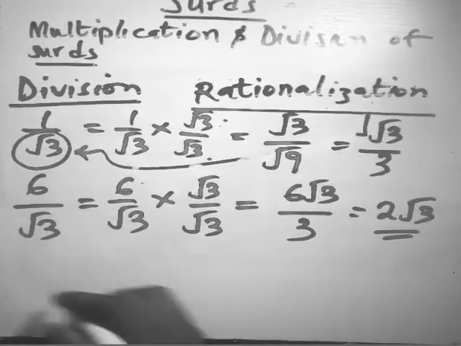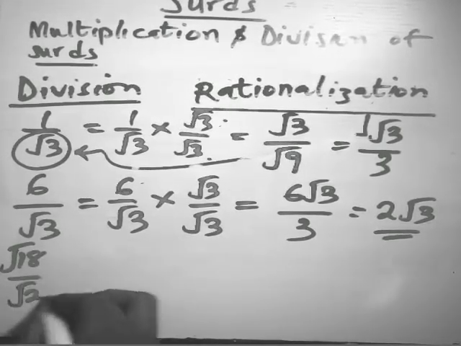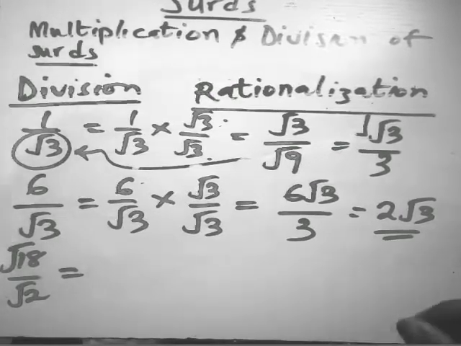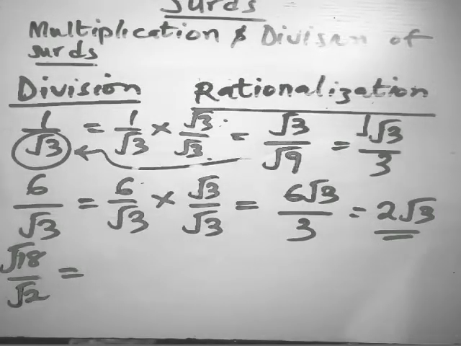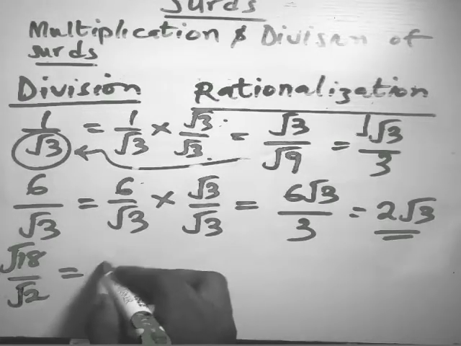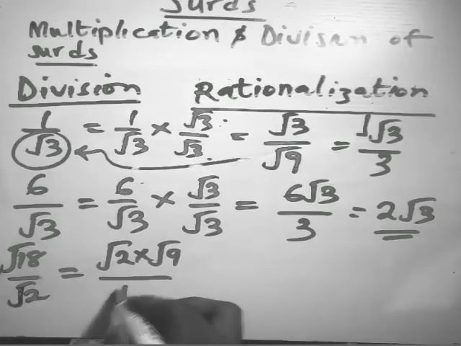Another example includes root 18 divided by root 2. Now this is a little bit tricky, but we can do it and we're going to solve it now. To simplify root 18, root 18 is simply root 2 times root 9, over root 2.